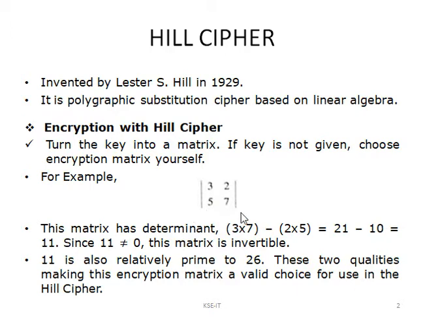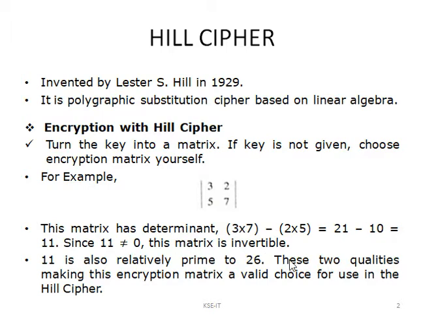Suppose I am choosing this matrix as an encryption matrix, that is 3, 2, 5, 7. First find the determinant of the matrix, that is 3 into 7 minus 2 into 5, that is 21 minus 10, which gives you 11. 11 is not equal to 0, so the determinant is not 0.